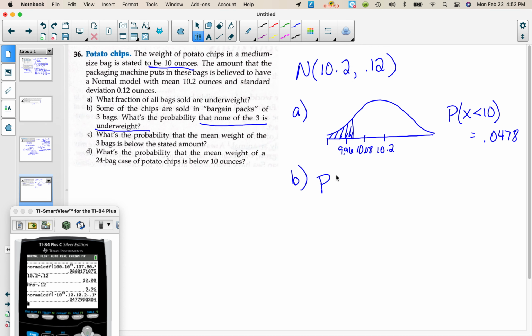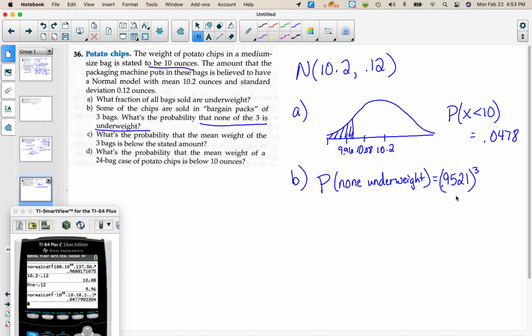I'll just write this, none underweight. If this is the probability it's underweight, then not being underweight would be 0.9521. And if none of them are underweight, then that would be that to the 3rd power.